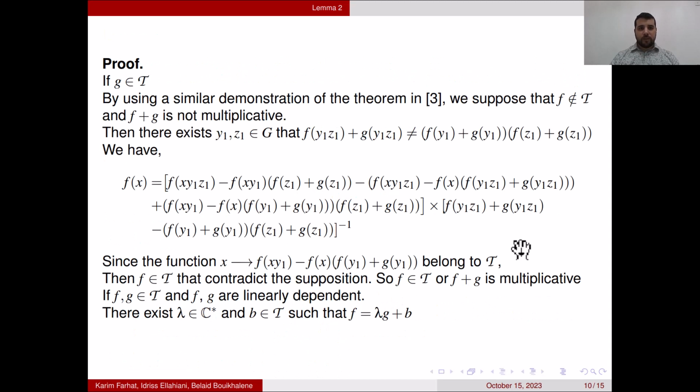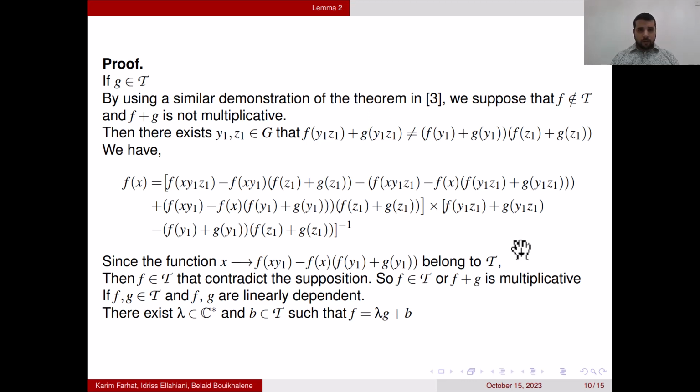Proof. If g is in T, by using a similar demonstration of the theorem in reference 3, we suppose that f is not in T and f plus g is not multiplicative, then there exist y1 and z1 in G verifying this condition.